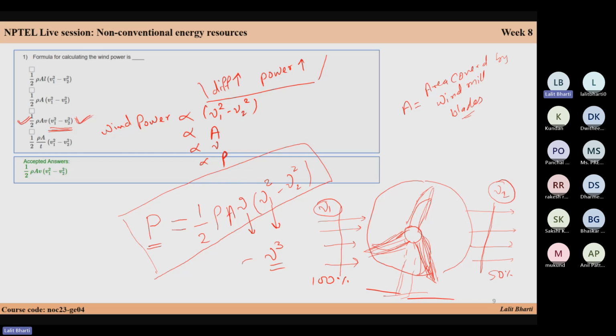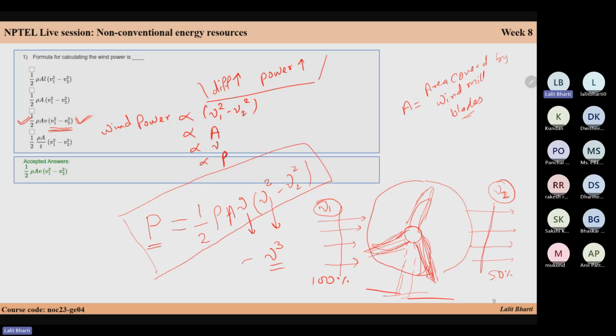Wind power is basically either v to the power 3, or v multiplied by (v1 square minus v2 square). V1 is the velocity before hitting the windmill, and v2 is the velocity after hitting the windmill. So the difference of the velocity shows the power transferred to the windmill.